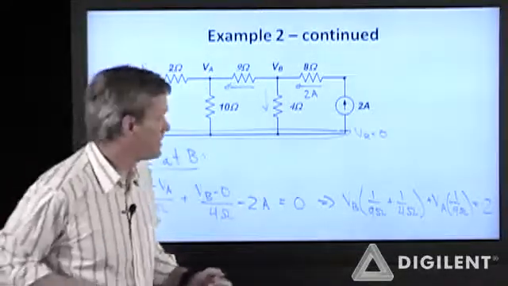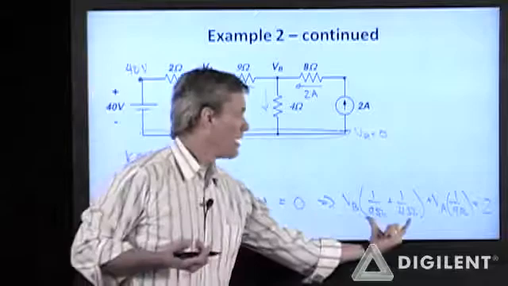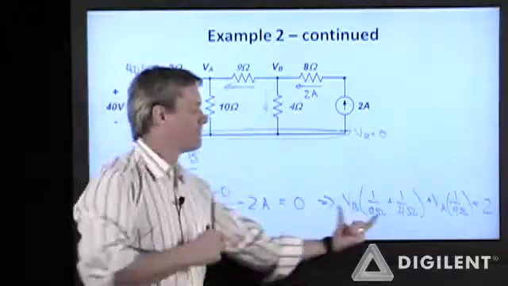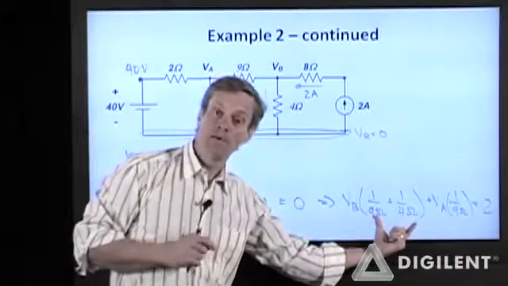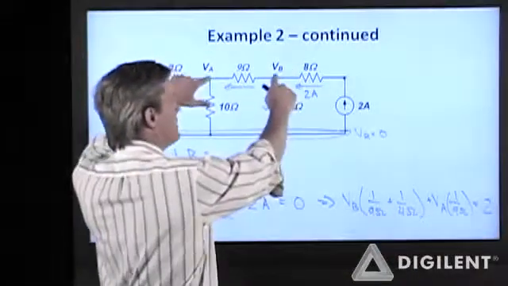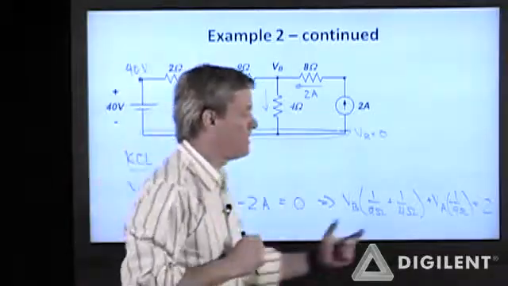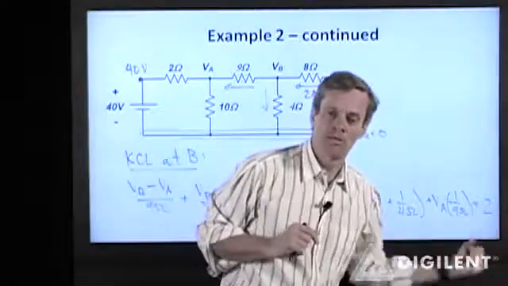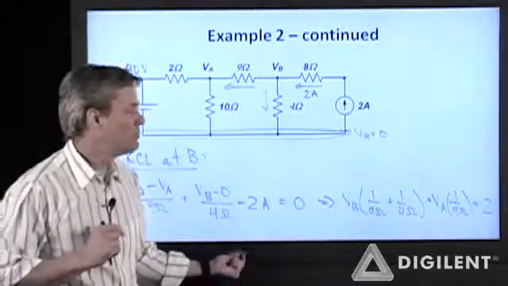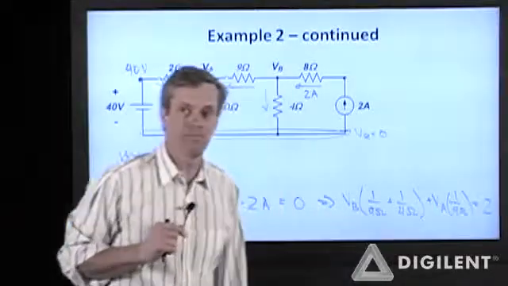Double checking my results, at V sub B I've got the conductances connecting it to the other independent nodes around it. At V sub A, I've got the negative of the conductance between V sub A and V sub B, and then my current source appears directly in the equation. I have now written two equations and two unknowns.